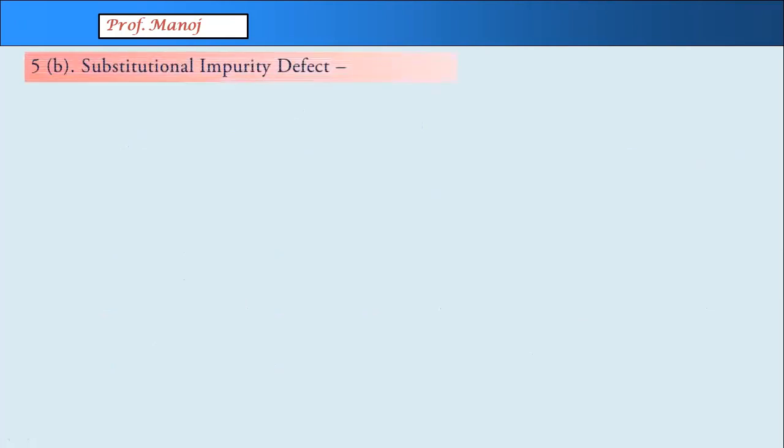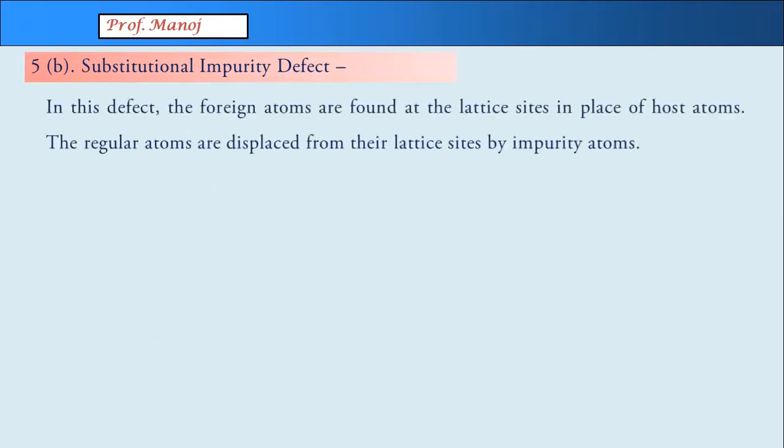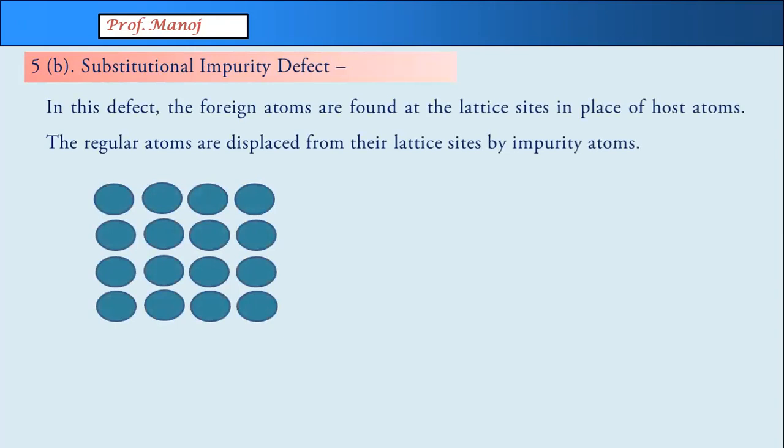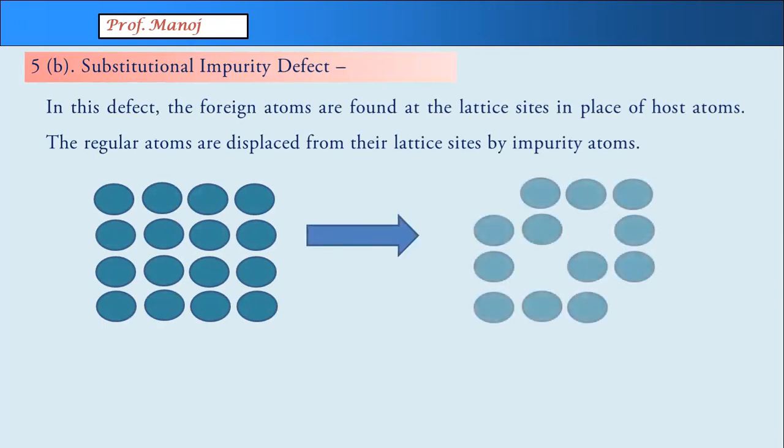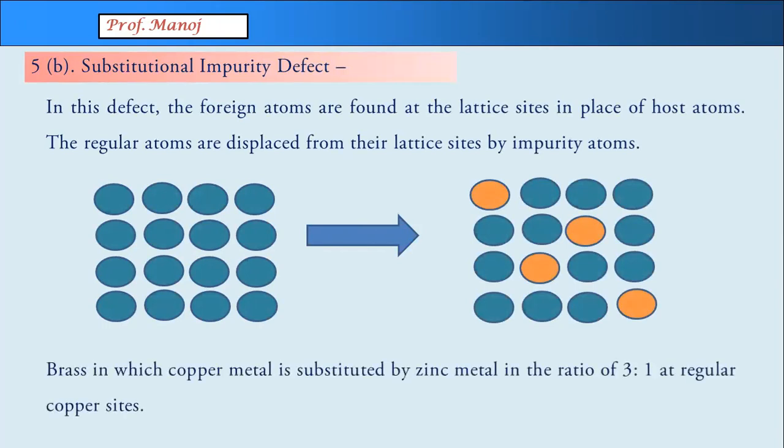Let us come to another defect that is called substitutional defect. In substitutional defect, we have the placement of different atoms in place of the host atom. So for example, this is originally a crystal of copper, and from copper you remove copper atoms and place some other element like zinc.